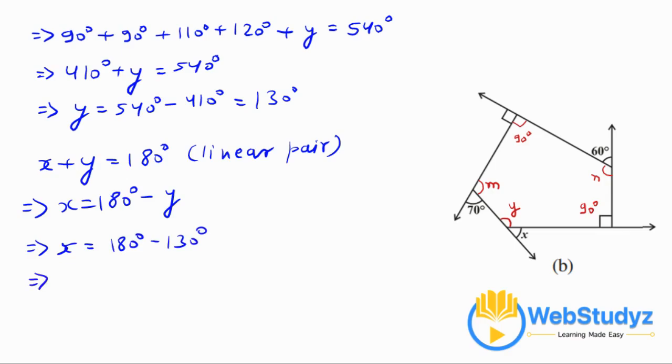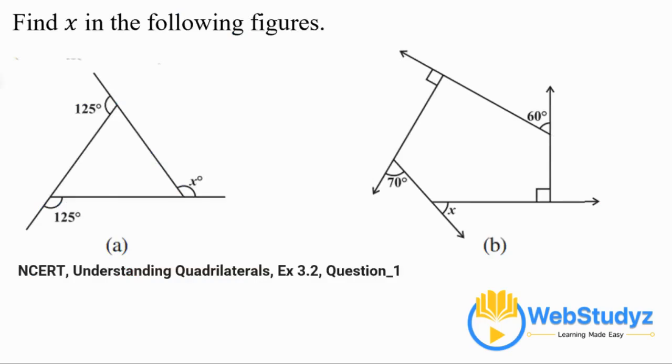So from here we get the value of x as 50 degree. So we have found the value of x for figure A as 110 degree, and we have calculated the value of x for figure B, which comes out to be 50 degree.